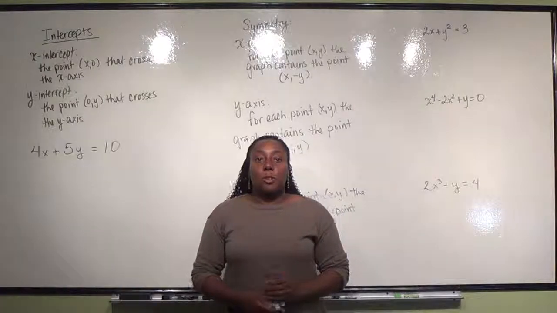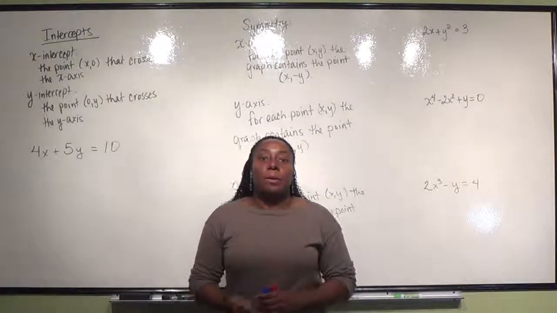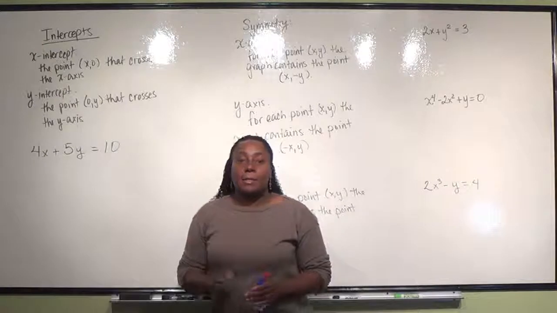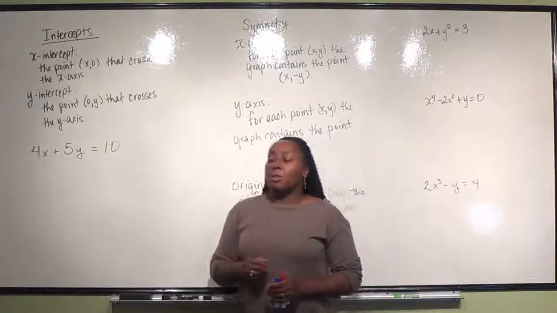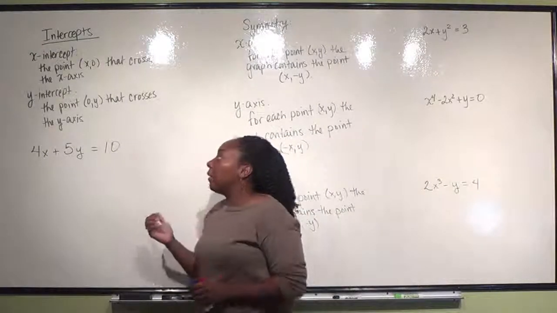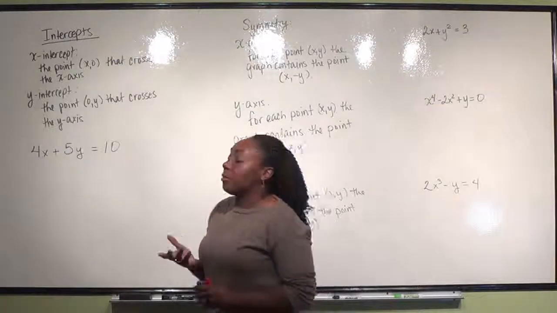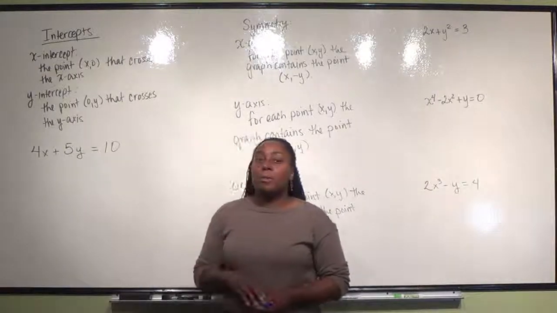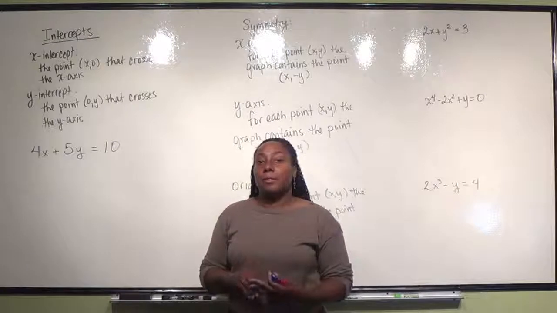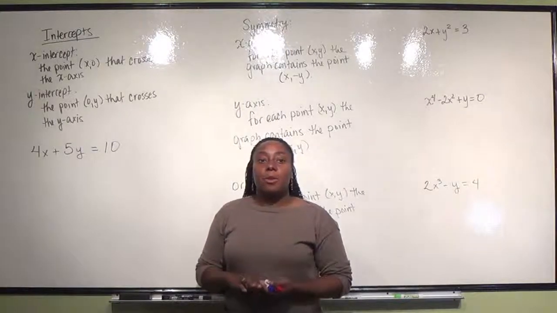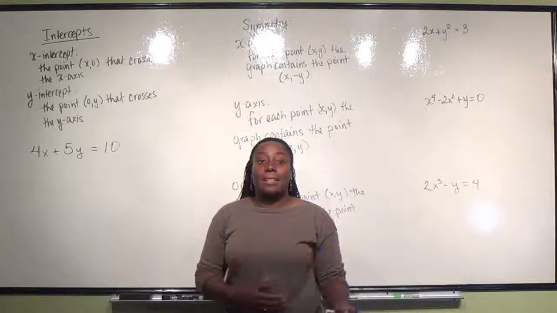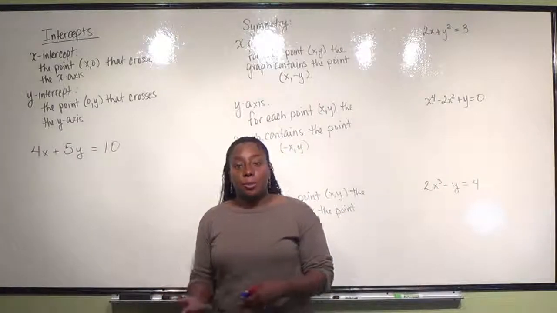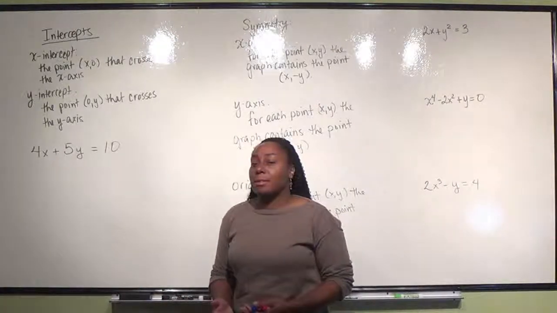So looking at those special points we talked about before that land on our axes, we're going to look into those in a little bit more detail right here. These are called intercepts, and there's two types of intercepts. We have our x-intercepts and our y-intercepts. The x-intercepts are the ones that intersect our x-axis, and of course the y-intercepts are the ones that intersect our y-axis.